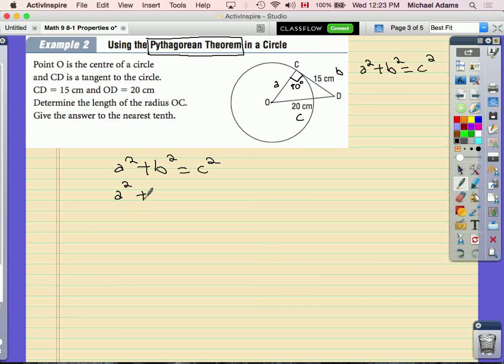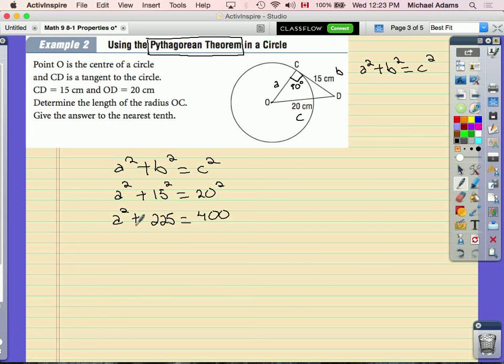B we're told is 15 centimeters, so I'm going to square that. And C is the hypotenuse, and here we're told it's 20 centimeters, and we're going to square that. If we follow the math, 15 squared is 225. 20 squared is 400. A squared is still just a squared.